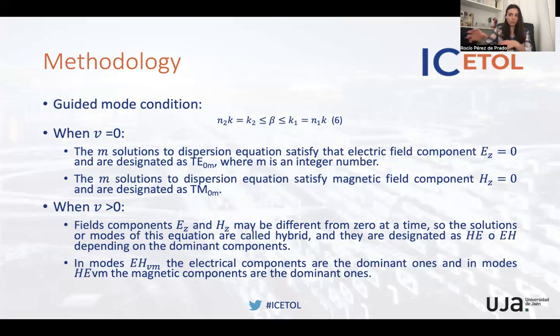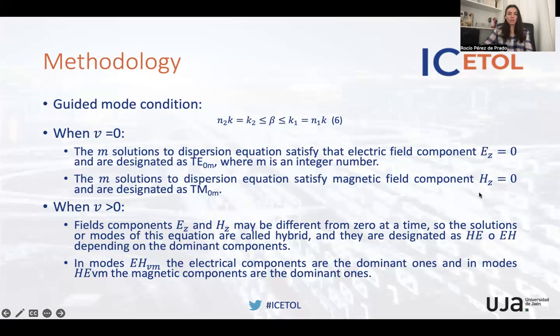How can we do so? We can do it by considering, first of all, some simplifications. If we take into account that there are different modes, we can have TE0M modes and TM0M modes, which means that TE or TM modes always correspond to modes with first index 0.